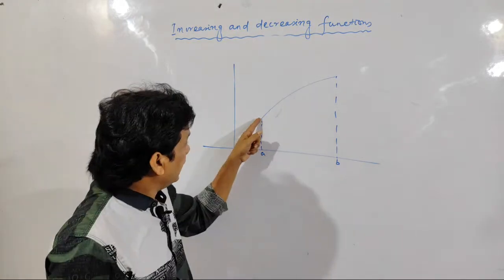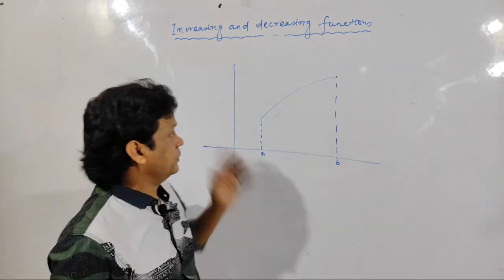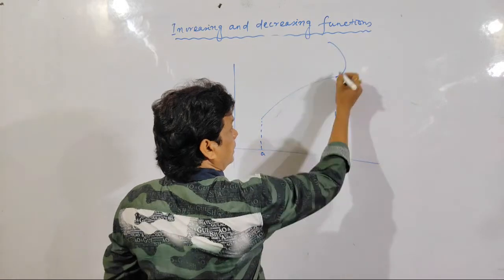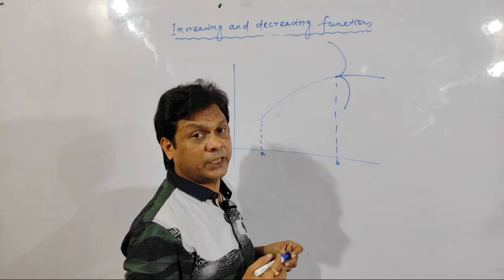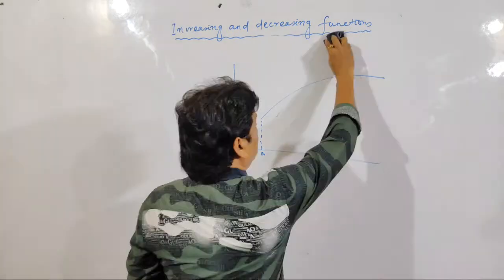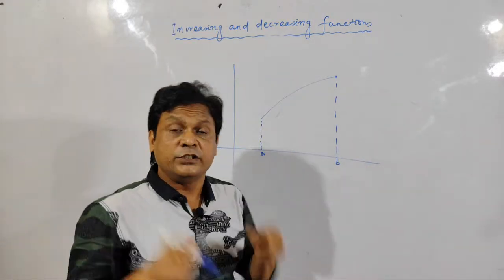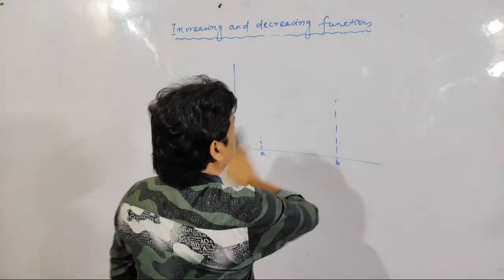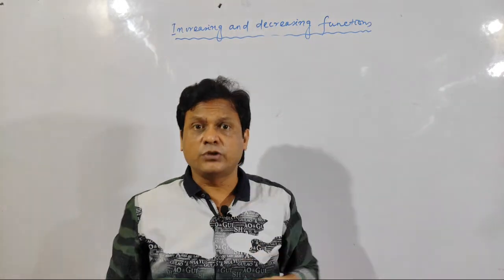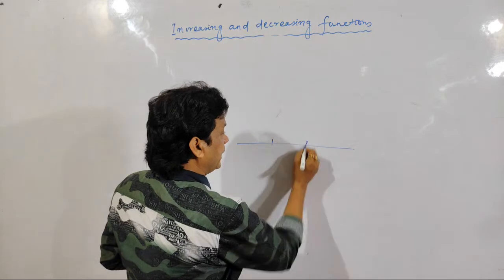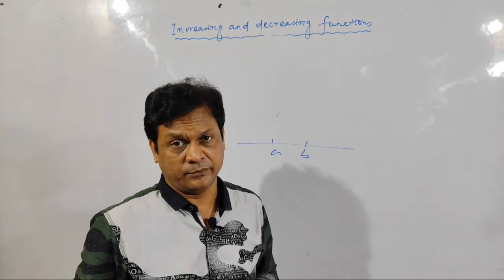I have not drawn the graph further, so whether the graph is going this way or that way or moving straight, we cannot say anything. At that particular point the derivative is 0, which, as I have told you, means it is neither increasing nor decreasing. f dash x equals 0 at points A and B. 0 means neither increasing nor decreasing.